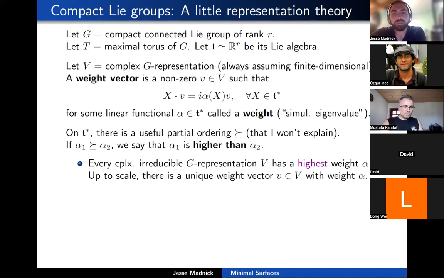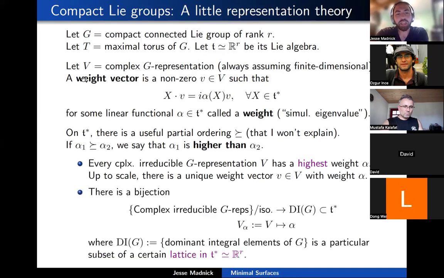Moreover, we'll need to know that up to scale, there's a unique weight vector little v with weight alpha. That will be very crucial to us later. Moreover, there's a bijection between the complex irreducible G representations up to isomorphism and the set of dominant integral elements of G. I won't explain what that is either.